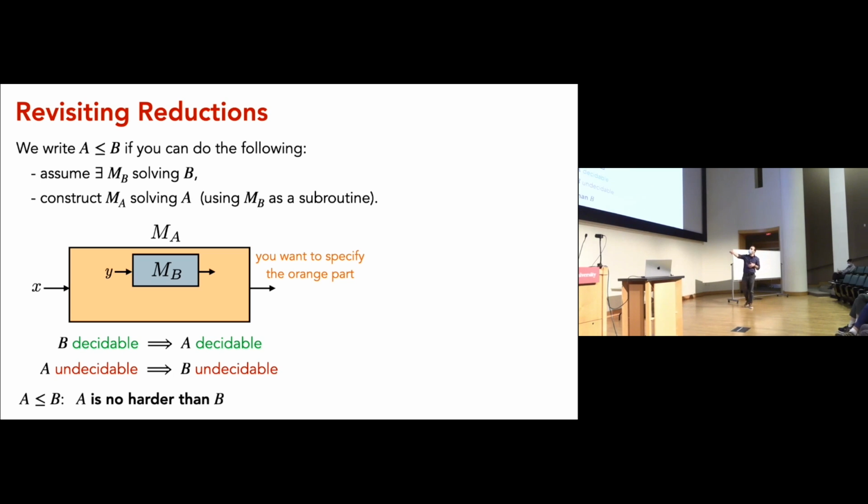In this sense, we think of A less than or equal to B as A is no harder than B. If B is an easy language in the sense that it's decidable, then A is also easy, decidable. And conversely, if A is a hard language, undecidable, then B is also hard, it is undecidable. So with respect to decidability, the less than or equal to sign makes sense.